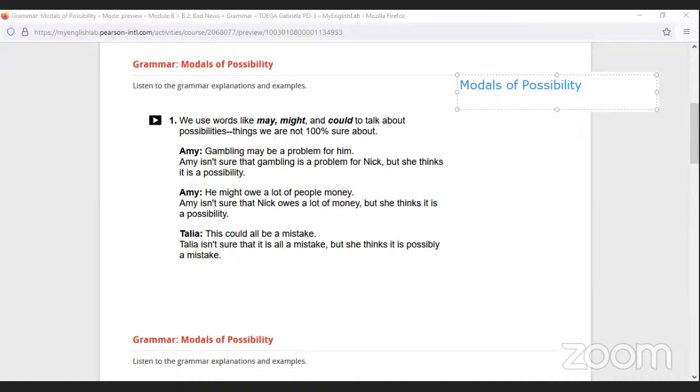So when we're going to talk about possible things, we have these modal verbs: may, might, and could. Okay, so in this case, we're going to use these three. In the requesting it was can, will, would, right? But for possibility, only these three, okay?